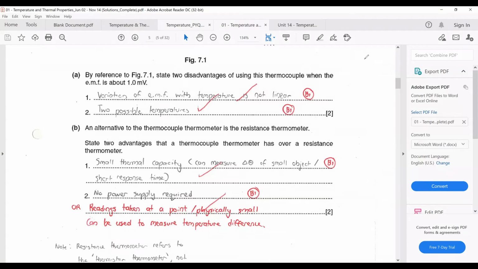If I give you two thermometers right now, maybe I need to draw this one out. Say if I give you two thermometers right now, this one is your liquid in glass. This one again is your thermocouple.